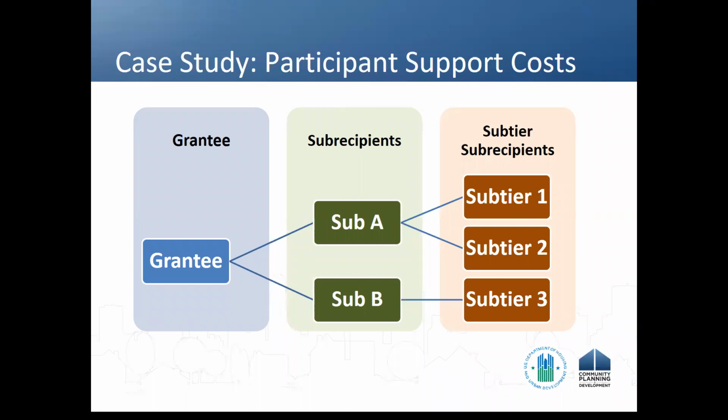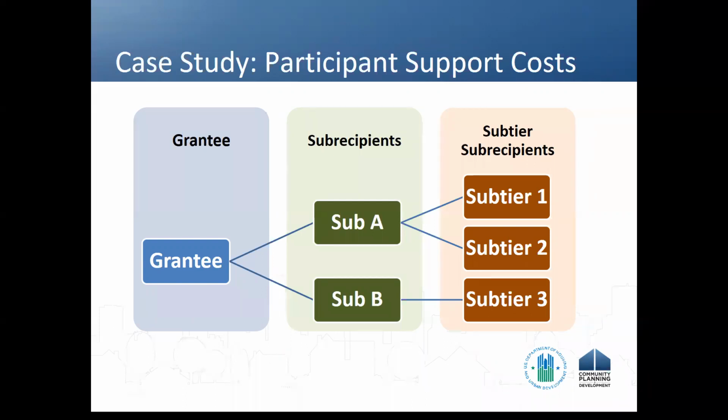So it doesn't matter which tier or layer you're at. If the grantee gets $5 million and it gives $2.5 million to each of its subs, and then those subs each split that to their 3 sub-tier subrecipients, every entity gets to use that 10% de minimis rate on their modified total direct costs.